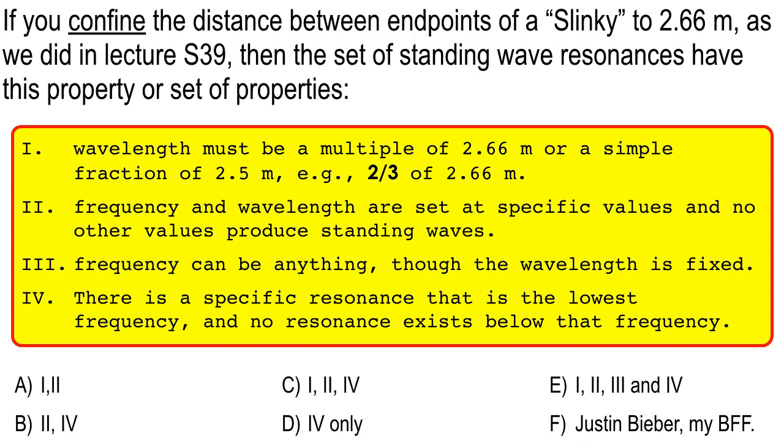If you confine the distance between endpoints of a slinky to 2.66 meters, as we did in session 39, then the set of standing wave resonances have this property or set of properties. So choose one of those, think carefully, and make a choice.